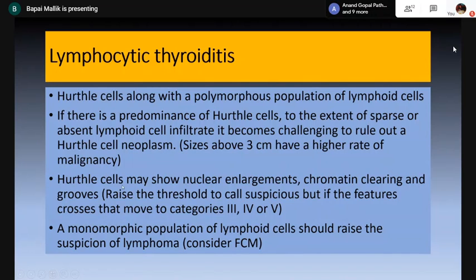This should make you raise the threshold to call something suspicious, but if the features are very high, then you can move on to categories 3, 4, or 5, depending on how comfortable you are with these nuclear features. If there is a monomorphic population of lymphoid cells, there is always a suspicion of lymphoma. You can consider submitting the specimen for flow cytometry. We are going to discuss this in a little more detail later on.